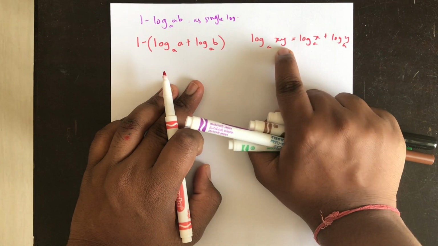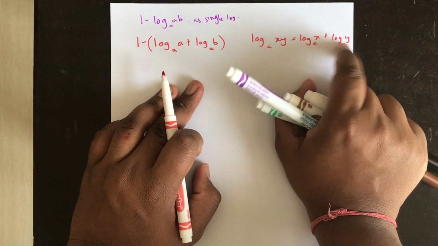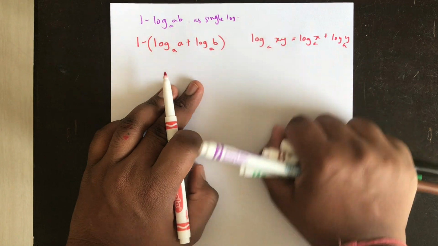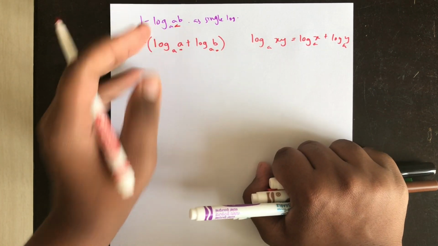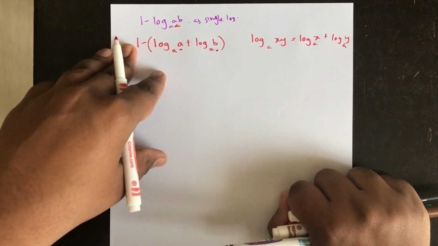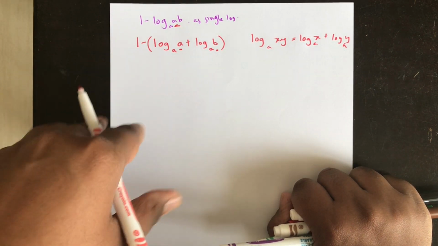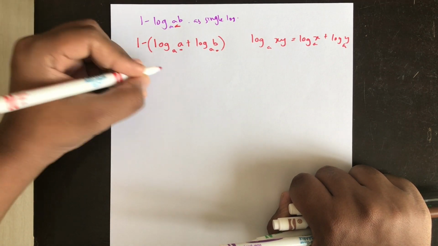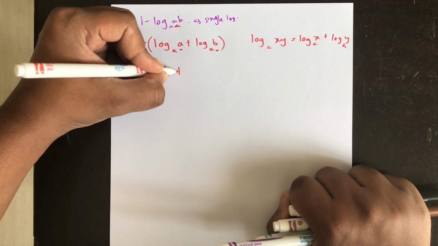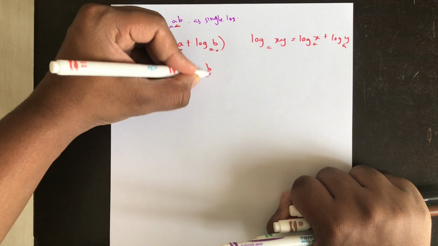So AB is the product, and I've split it into the addition of A and B. Note that you need to use the bracket so that you don't mess up the signs. So this is the same as 1 minus (1 plus log B base A).